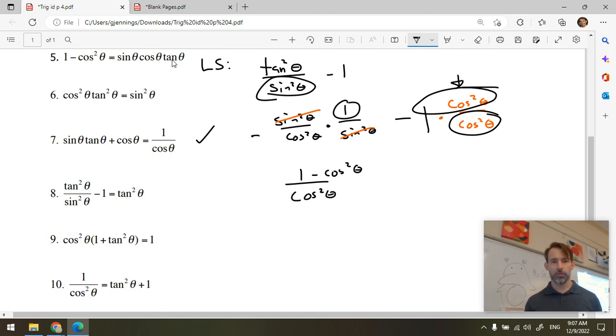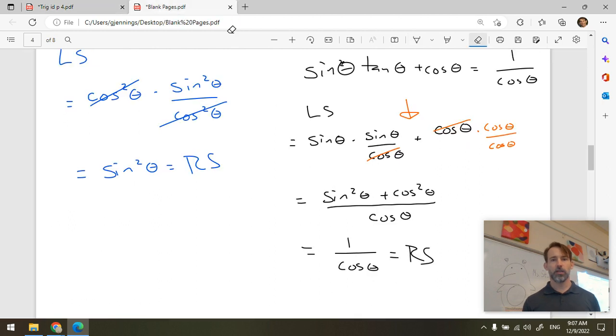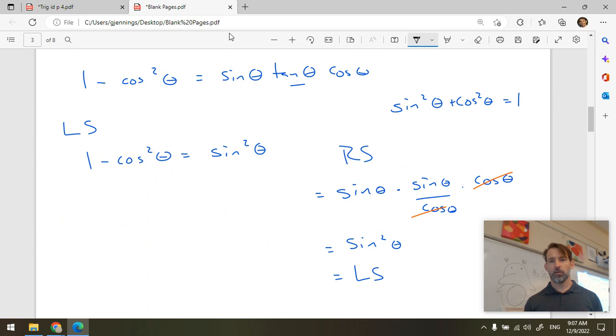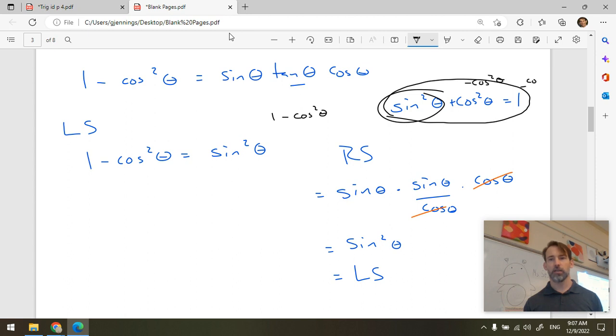And why does 1 minus cos squared theta equal sine squared theta? Well, because of this. Remember that sine squared theta plus cosine squared theta is equal to 1. So if I have 1 minus cosine squared theta, that just equals sine squared theta. That's just subtracting cosine squared theta from both sides.